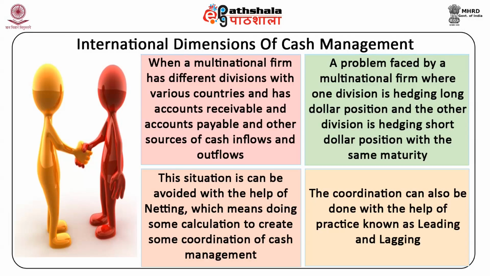Every multinational company has an option either to manage its own and its subsidiaries' cash or let every subsidiary manage the cash inflows and outflows on its own. The methods of cash management are centralized and decentralized cash management.